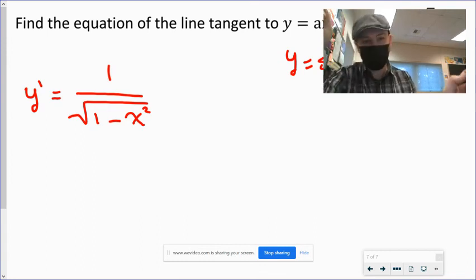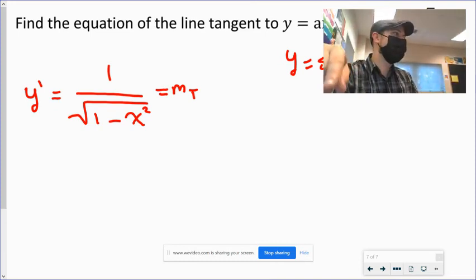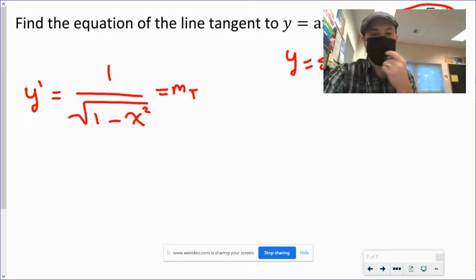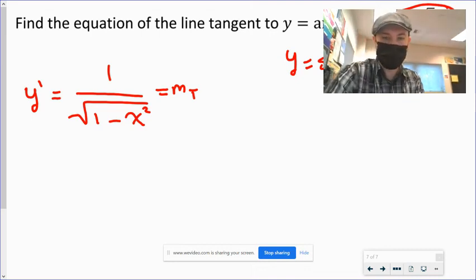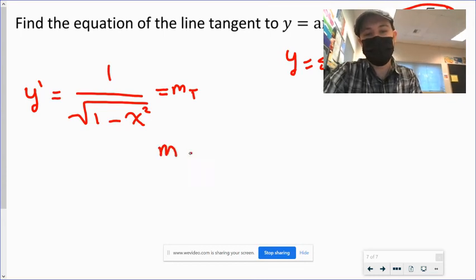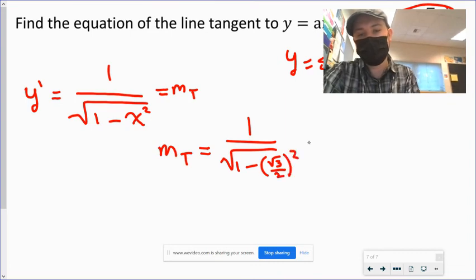All right, so there's my y prime, the derivative of sine inverse of x, and they want us to find the tangent line. So recall that the slope of the tangent line is the derivative at that point, x equals the square root of 3 over 2. So if I want to find the slope of the tangent line, I have to plug the square root of 3 over 2 into this expression. So the slope of the tangent line would be 1 over the square root of 1 minus the square root of 3 over 2 quantity squared.